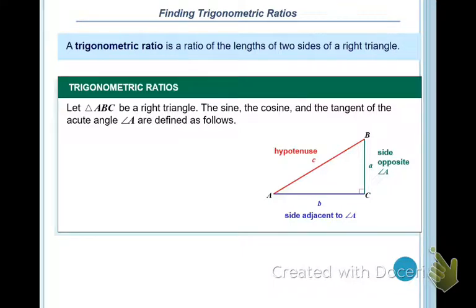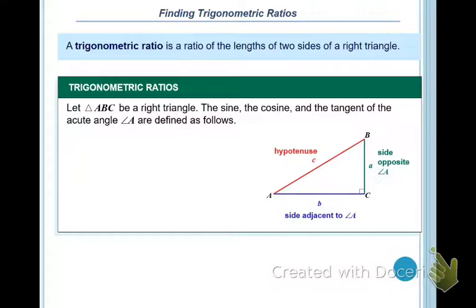So, what do you think S stands for out of those 3 words? Sine. So this represents sine. Sine, S-I-N-E. It's a word.